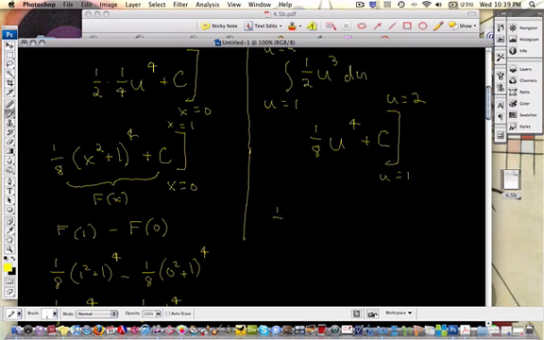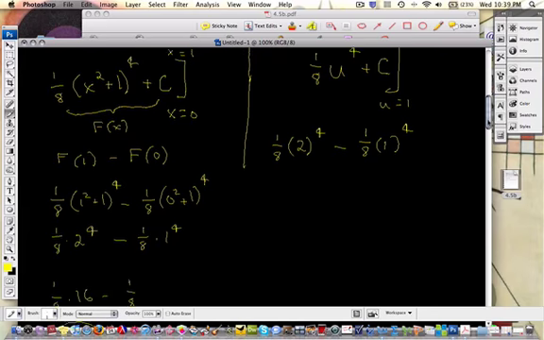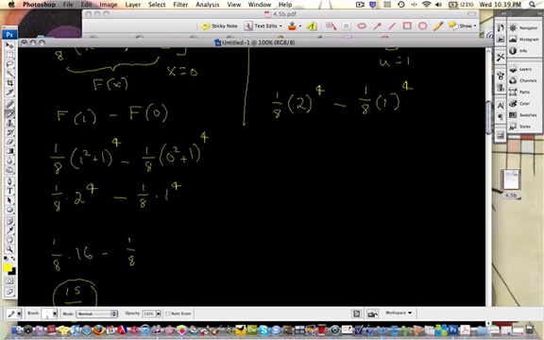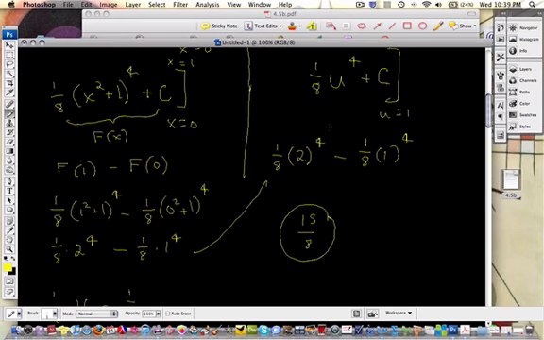So it's going to be 1/8 times 2 to the 4th, minus, forgetting about the plus c again, 1/8 times 1 to the 4th. Notice that's what I got in this other step here. So the answer is the same, 15/8. Doing it this way, on the right side, is less complicated than the left side, and you get the same answer, 15/8.